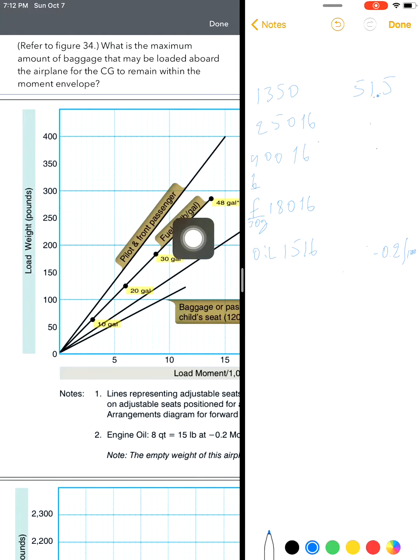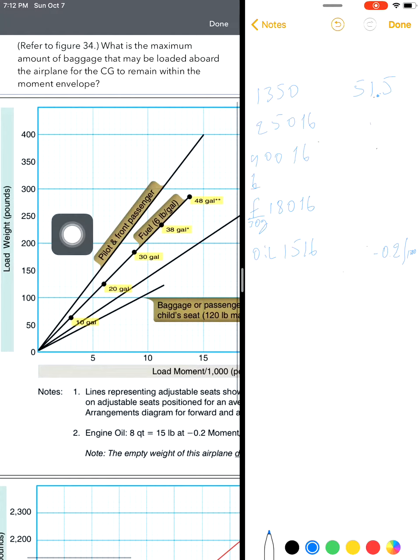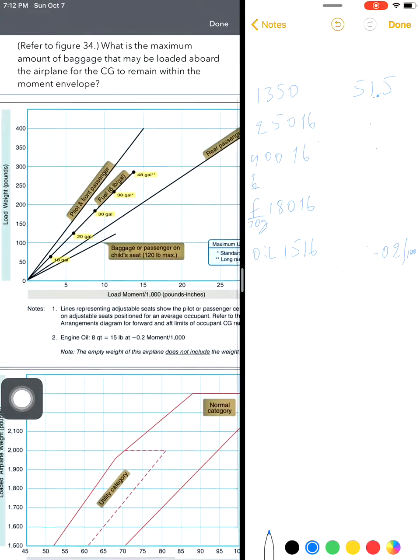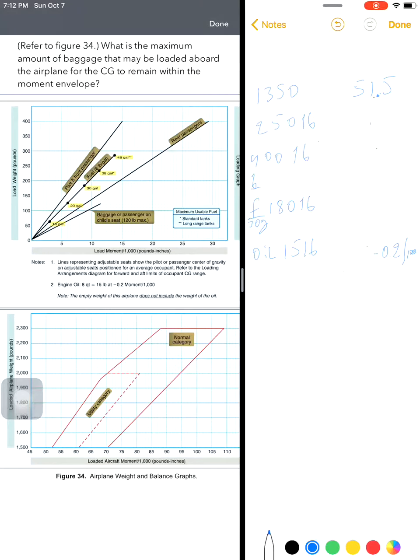We know that 250 pounds is right up here. Come down, 250 pounds front passengers, and right up here it's about 1.5 down here. So we come up here, and it's about 9. We have to write down 9 in moments.